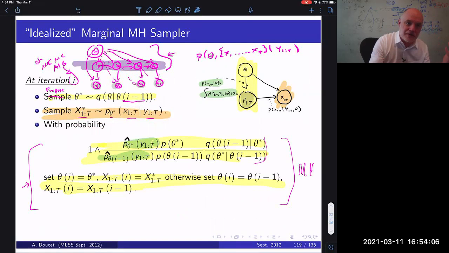In other words, sequential Monte Carlo gives you that already. Does that make sense?